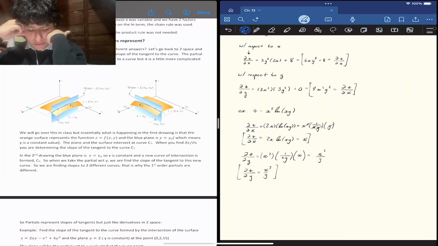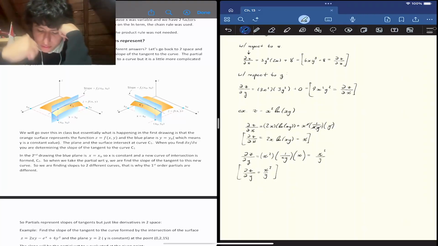In the second drawing, the blue plane is x equals x naught, so x is constant, and the new curve of intersection is C2. When we take the partial with respect to y, we are finding the slope of the tangent to this new curve. We are finding slopes to two different curves, which is why the first order partials are different.